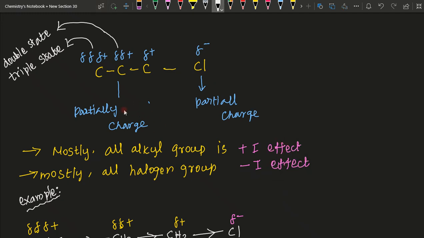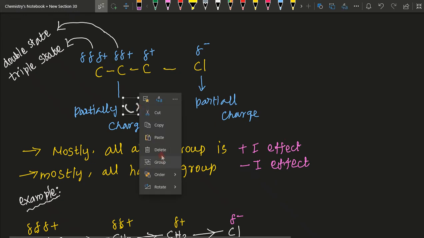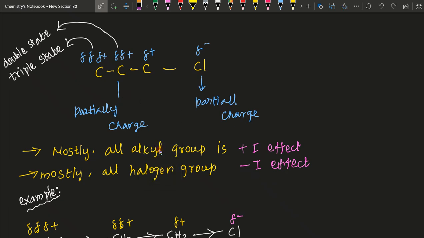This is the partially positive charge. This is attaining the partially positive charge. This is going to partially negative charge.